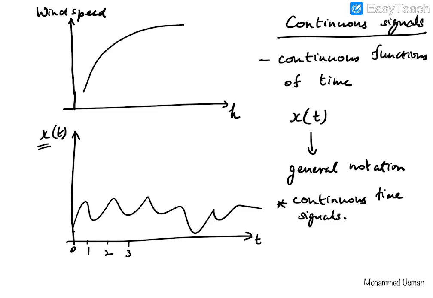Now, just as we have continuous signals, the other type of signals that we will cover in this course is called discrete time signals or discrete signals. So let's give some examples of discrete signals, and then we'll go into more specific details.